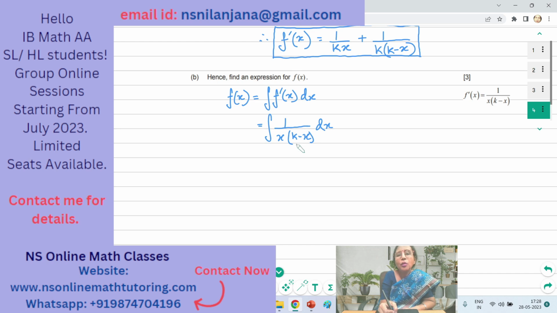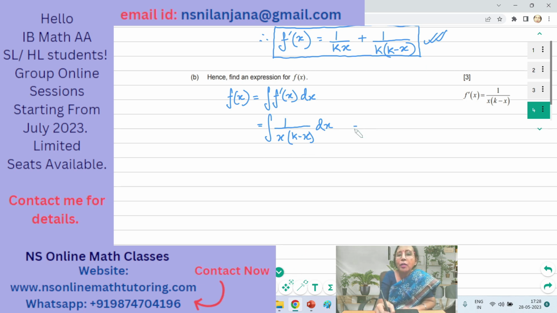But we do not know how to integrate this expression, 1 over x times k minus x. That is why they have given us the hint on how to integrate it. First of all, we have to express this expression as the sum of two partial fractions, and we have to integrate these two partial fractions.